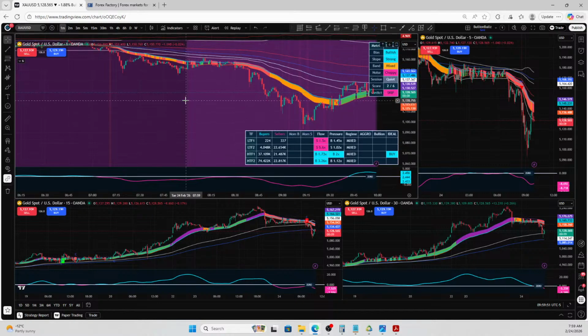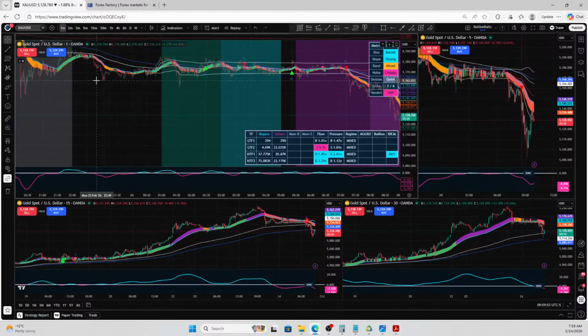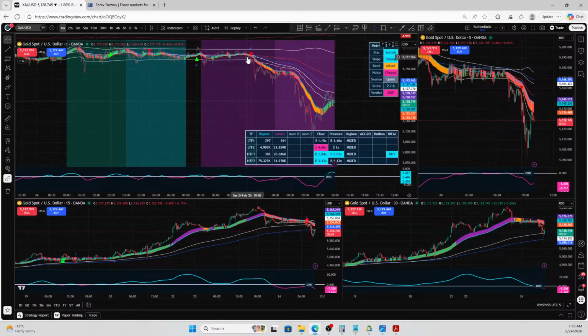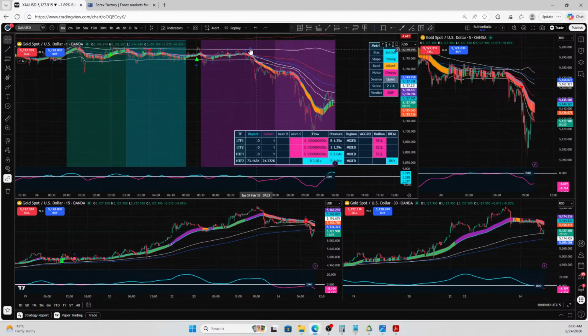You can see this point here showed us that the price was about to get bearish.